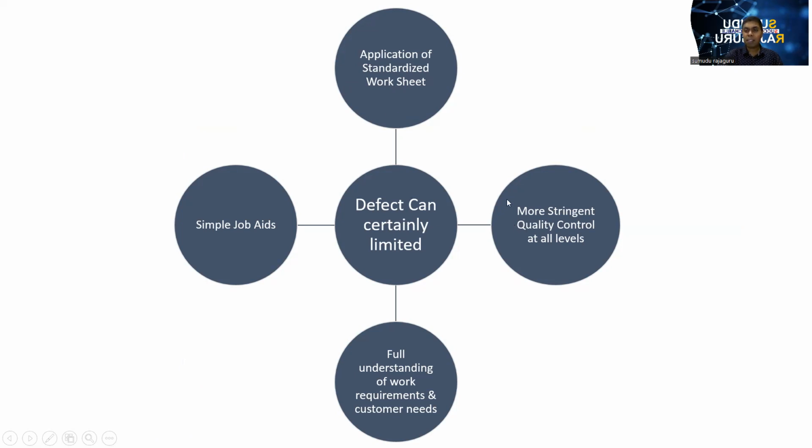If we can strengthen the quality control at all levels, we can reduce the defect. Full understanding of work requirement and customer needs will also reduce the defect. Then the simple job aids. We have to give the job aids, but they should be very simple. So by doing these 4 activities, we can reduce the defects.